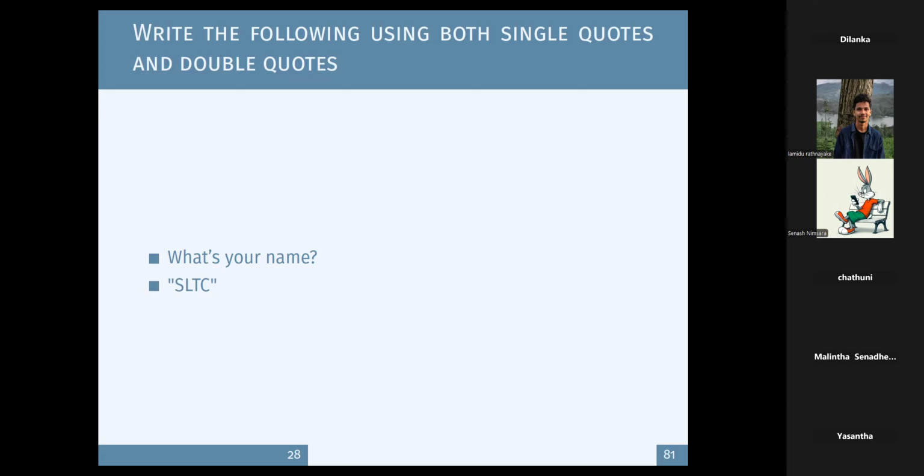Okay, we get a Sarathi, Shakir, Deneth. Sarathi, just check the second print statement. I want to print SLTC with double quotes. And we got correct answers with Chatura, Kasturiya Rachi, correct answer.